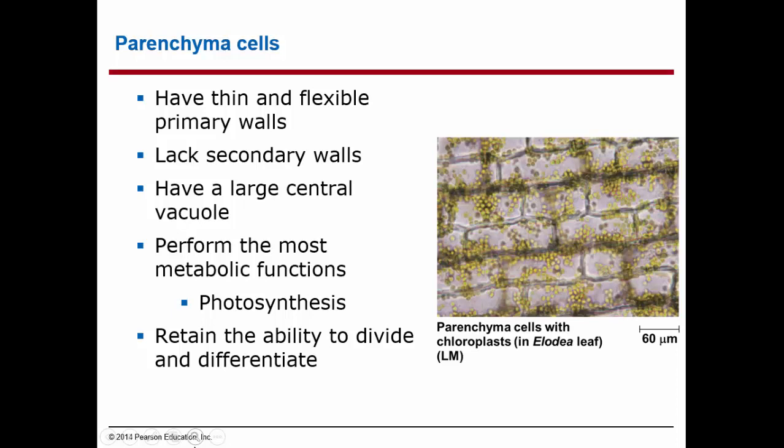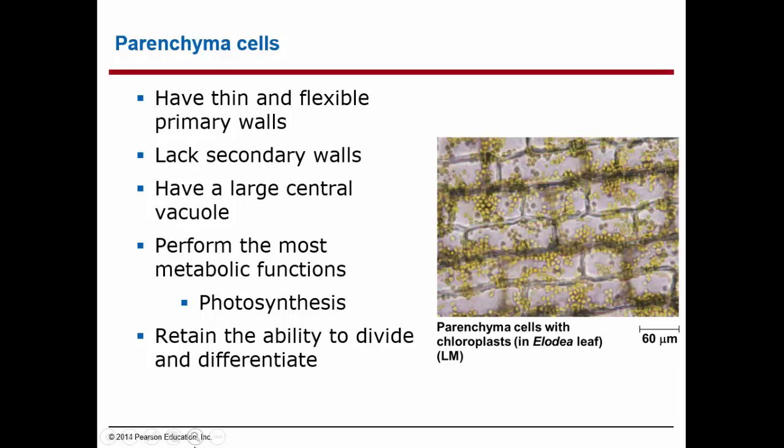And that water is necessary because these parenchyma cells perform most of the metabolic functions. So this includes both photosynthesis and respiration. These cells retain the ability to divide and differentiate. Remember that differentiate means to take on a more specialized function.